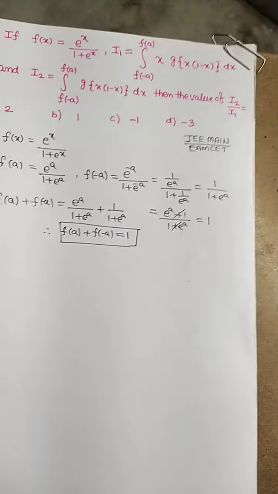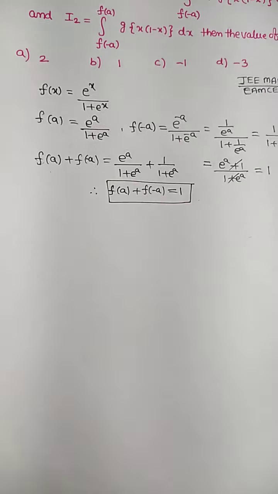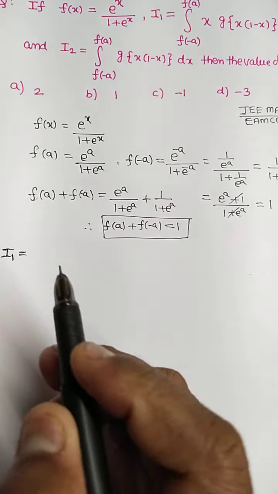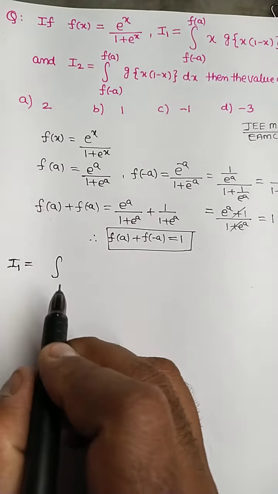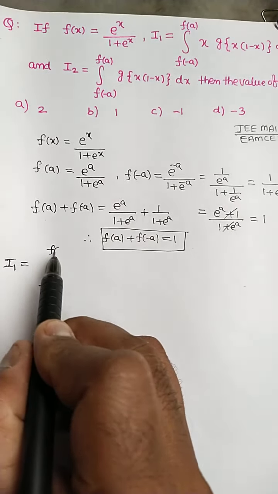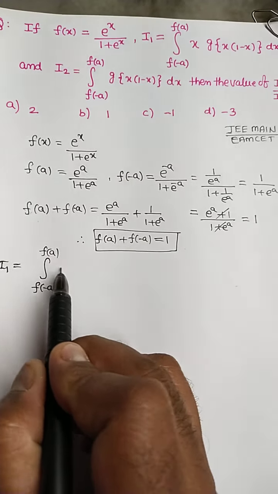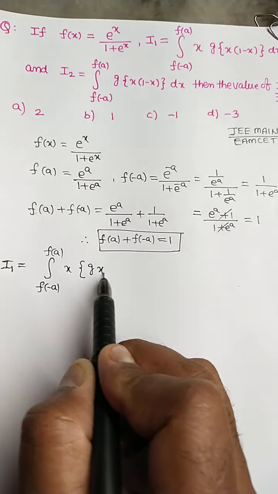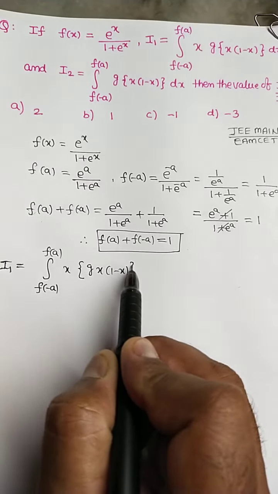After that, come to the first one, I1. I1 equals the integral from f of minus a to f of a of x into g of x into 1 minus x into dx.